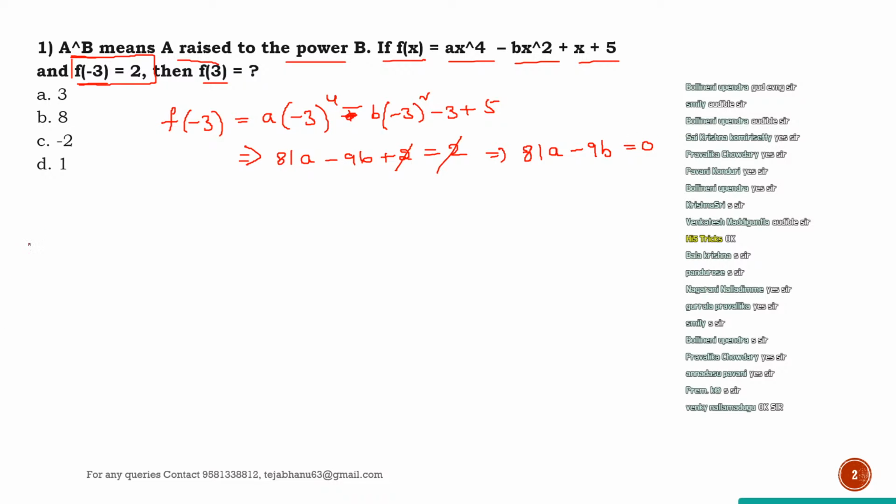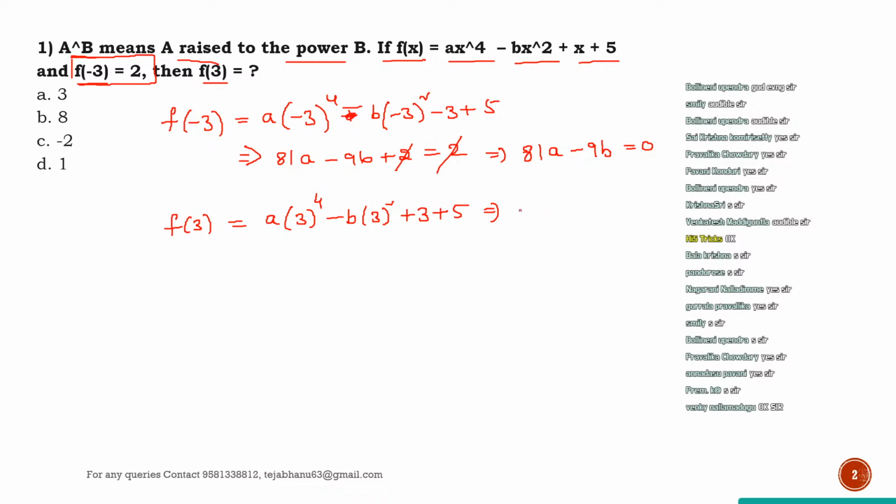Now have a look. I want f of 3, that is a into 3 power 4 minus b into 3 square plus 3 plus 5. We have substituted 3 in place of x.